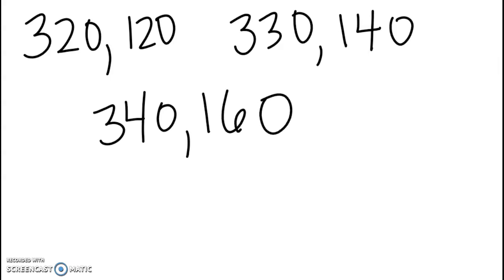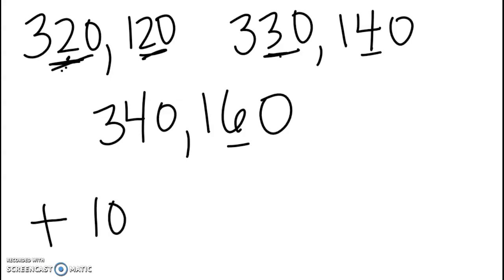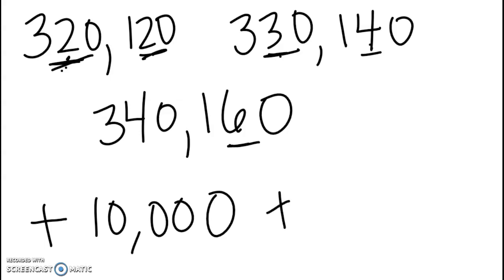Okay, so do you see how two of the spots are changing? How I changed the 10,000's place and I changed the tens place? Okay, so we can see we're going up, so we're increasing. This ten-thousands place is going up by 1, so I know I'm adding on 10,000. And then the tens place is going up by 2, so I know I'm also adding on 20.